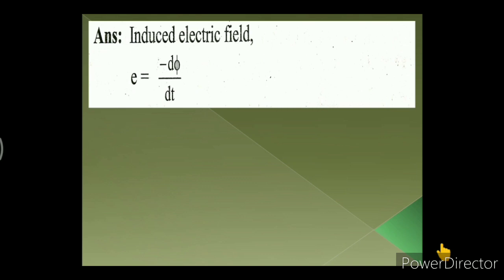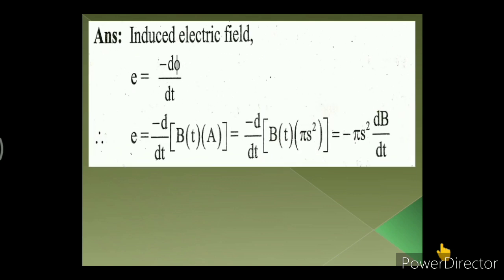As induced electric field, here it is given as E is equal to minus d phi by dt. As phi is nothing but the product of B and A, so here it is to be written as minus d by dt of B(t) into A, where A is the area which is given as pi r square. The radius r over here is to be mentioned as S, so the area is to be written as pi s square.